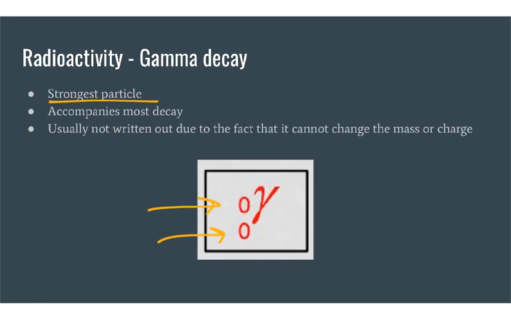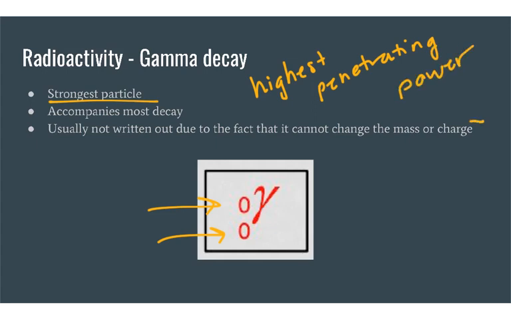This is definitely going to be our strongest and have the highest penetrating power. Gamma rays are very detrimental to our health when we're exposed to them. They work in a similar fashion to X-rays, but they are stronger and more powerful and more dangerous.